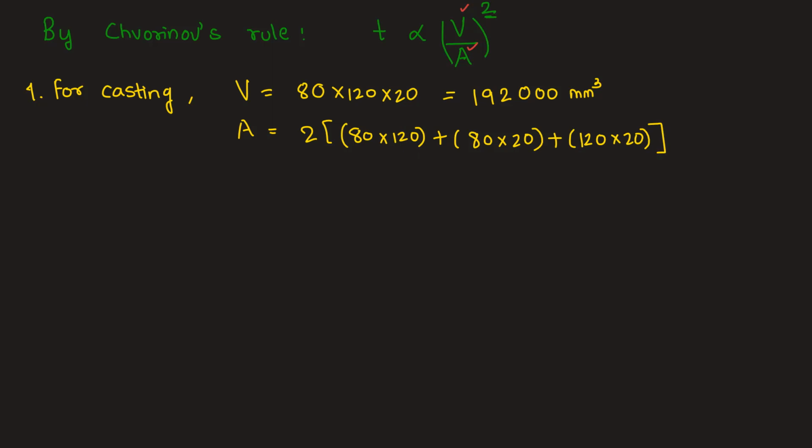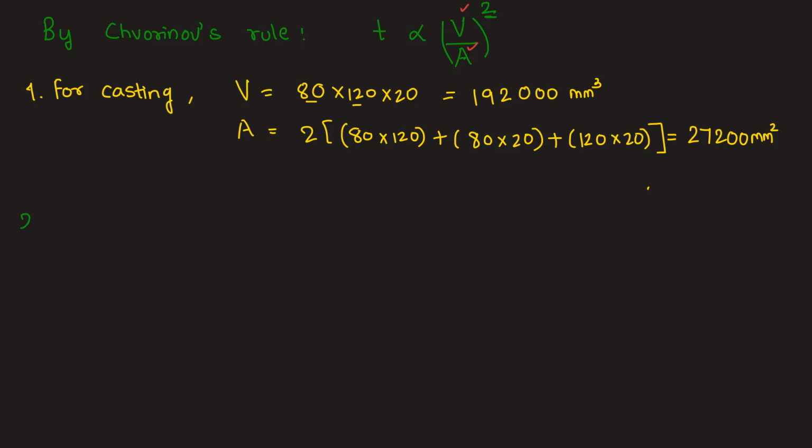This gives us the surface area of a cuboidal geometry. It's actually not a cubical geometry, it's a cuboidal geometry. So in case of a cuboid, we get the surface area from this formula. This, when calculated in a digital calculator, gives us the value 27,200. Its area unit will be millimeter square.